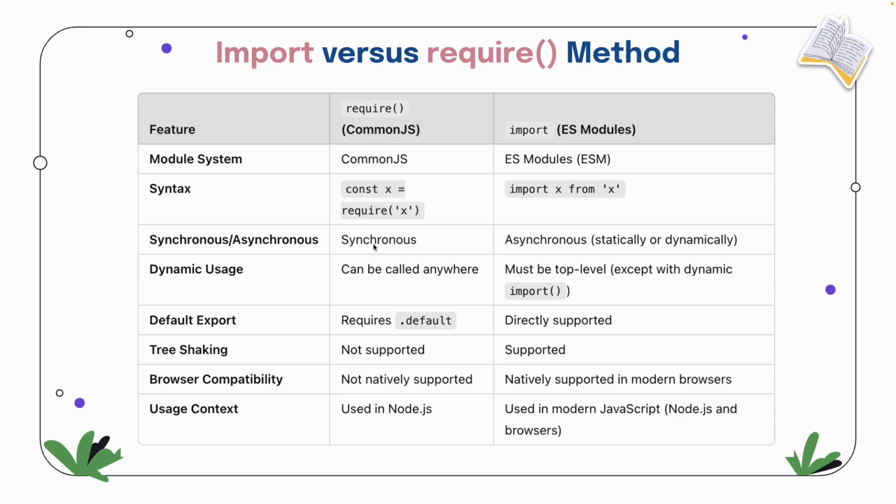I have already discussed synchronous in the earlier classes: until the file gets executed, other things won't execute; it will stop the execution until that is executed. But import and export are asynchronous. This is the major difference in interviews, because many people know the difference between require and import/export, but they don't know the difference between synchronous and asynchronous. So you have to understand that require is always synchronous and import is always asynchronous.